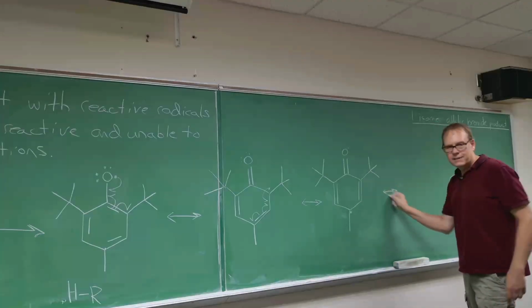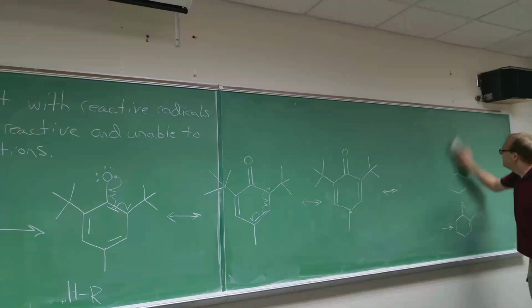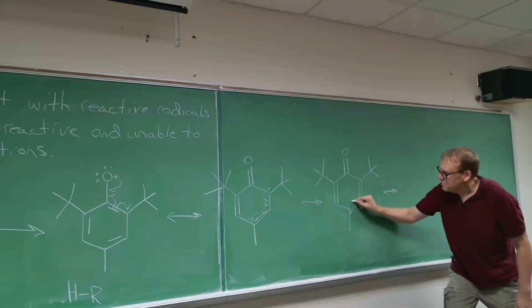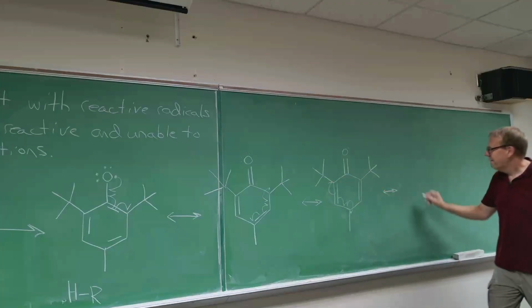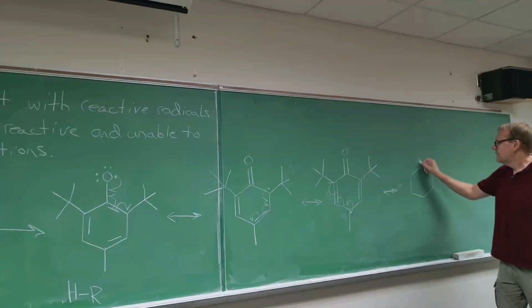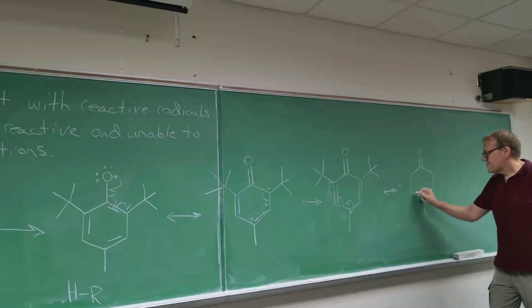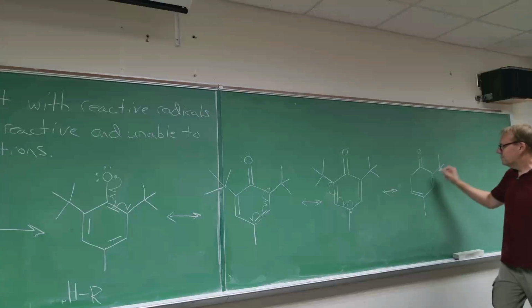Still not done yet, because I can keep pushing that electron around further. I can take it from here, push it over and share it there. Now it's on the left side of the molecule.